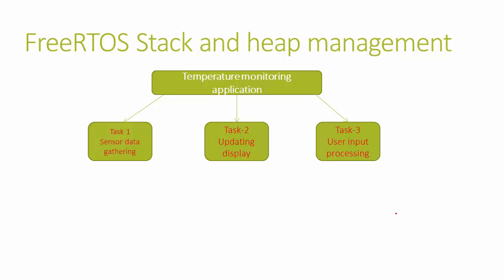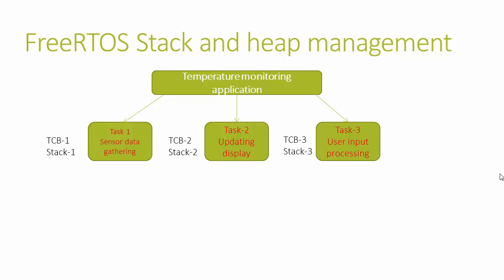Whenever you use the term create, that means some memory is allocated for that creation. So when task 1 is created, one TCB is created, which we call the task control block. That is specific to the task being created. If you create three tasks, that means you have created three task control blocks in memory.